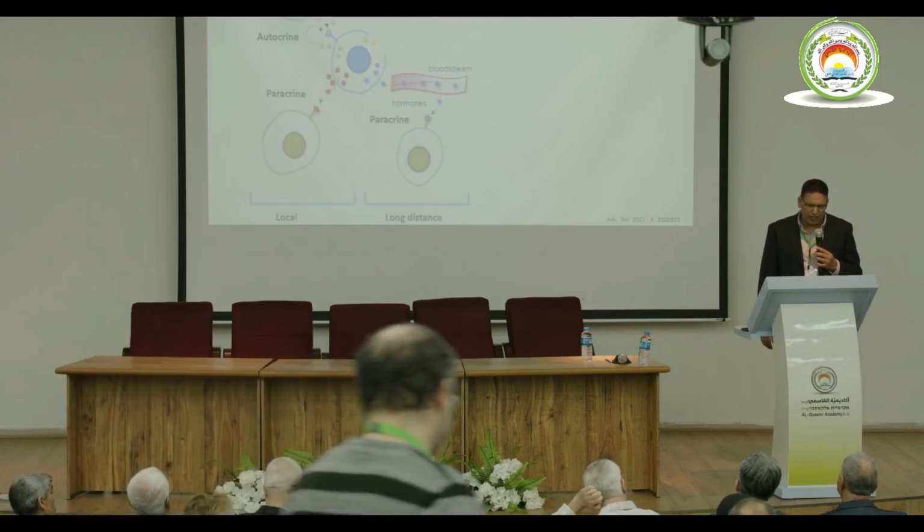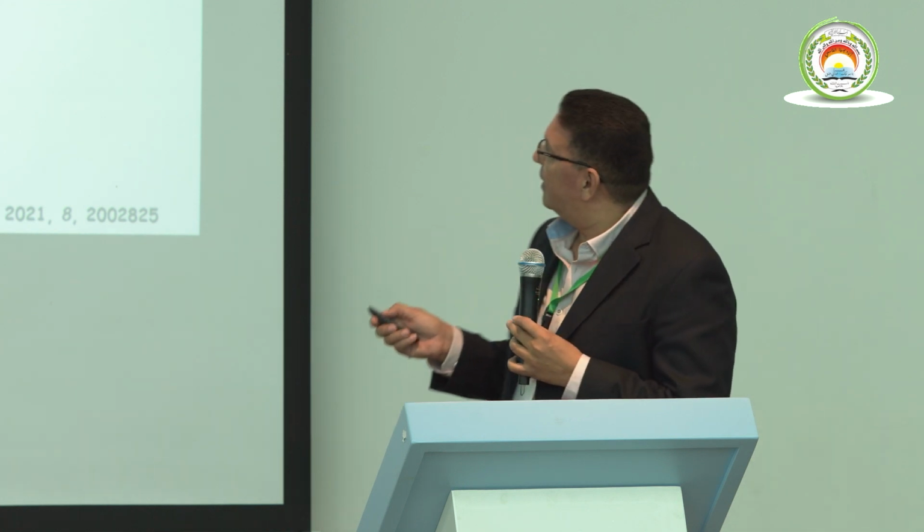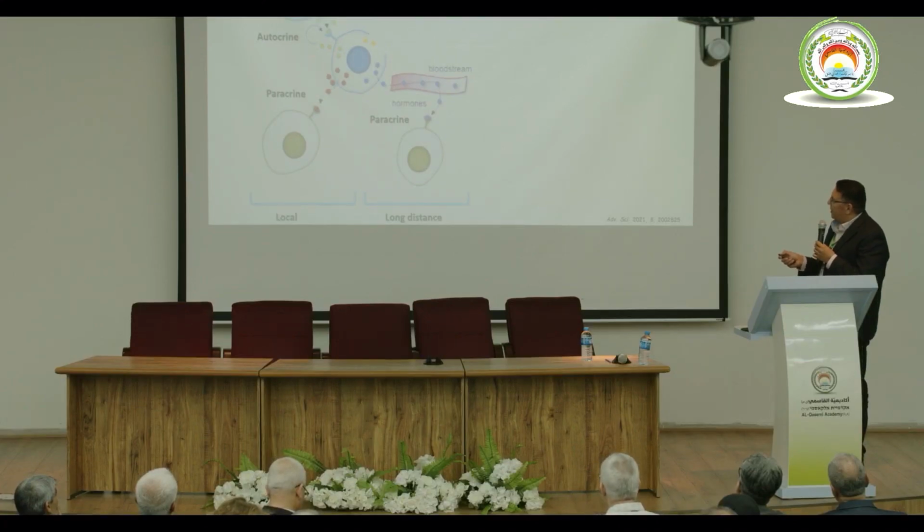The communication between cells occurs between plant cells, animal cells, and bacteria. If the cells are in close connectivity, they secrete some bioactive molecules, and this is for the local communication.